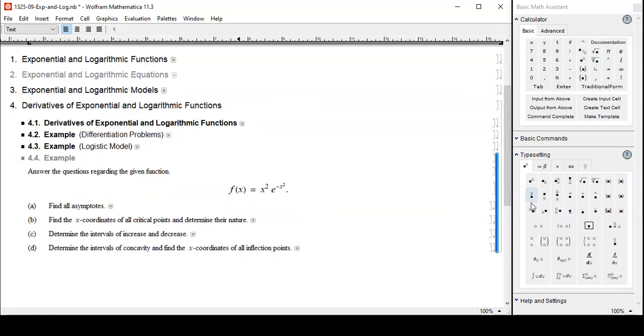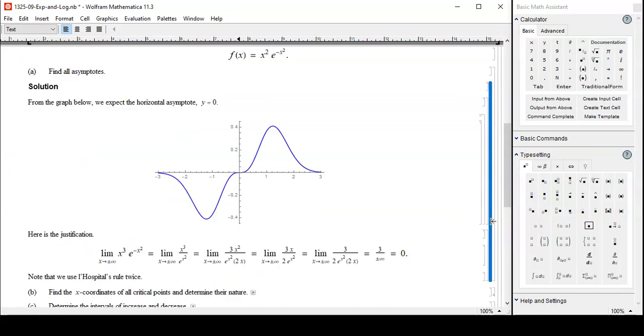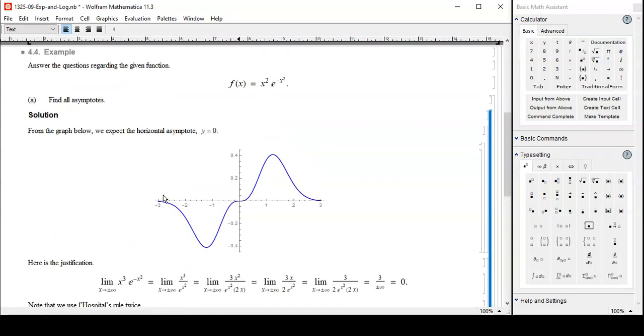How about this one? I'll just show you a picture. You end up with some exponential times something, some power function. The power function becomes 0 at x equal to 0. We get something like this. But the exponential gets pretty close to 0 when x is really large, so it goes down like this.